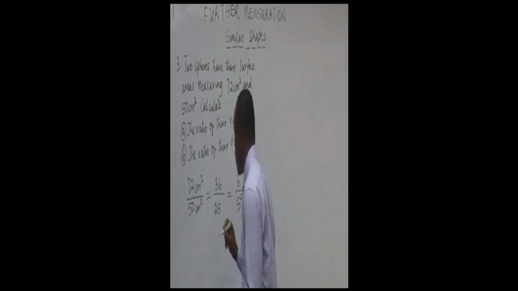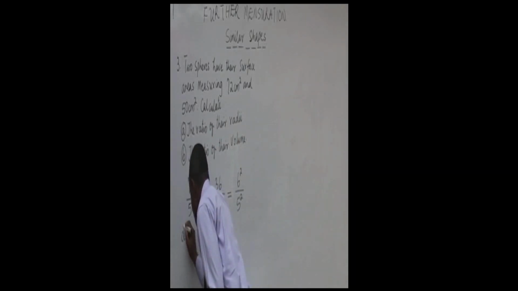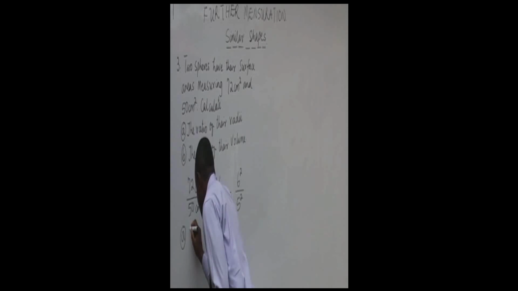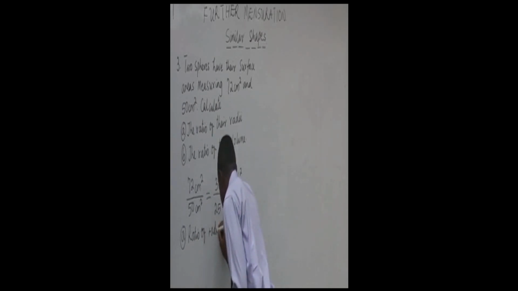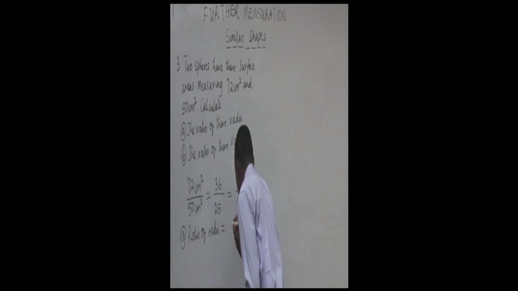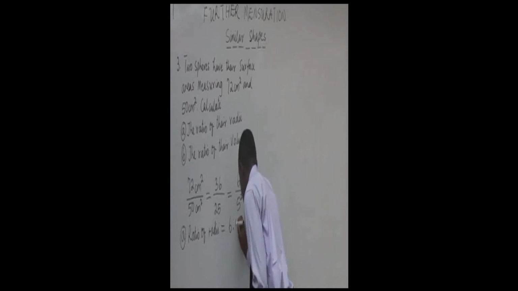That means in question A, the required ratio of radii is now equal to 6:5.